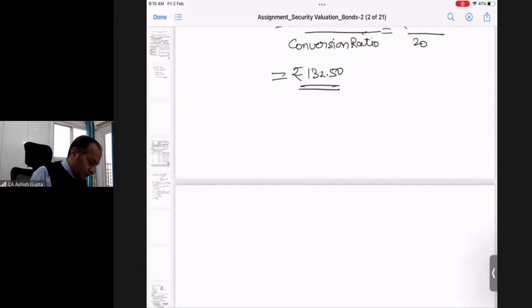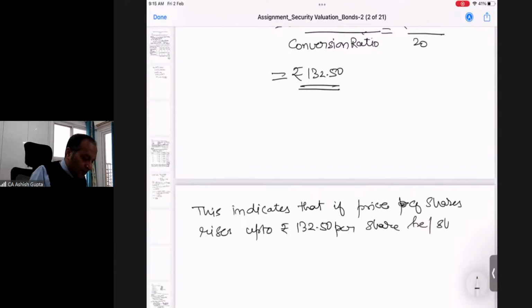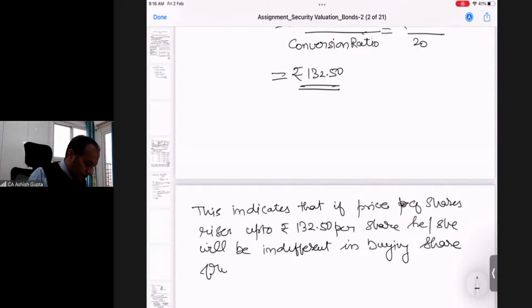How do we interpret it? This indicates that if the price of share rises up to this much per share, he or she will be indifferent in buying the share from the market and exercising the conversion option.